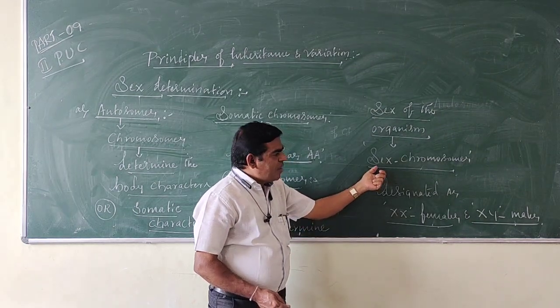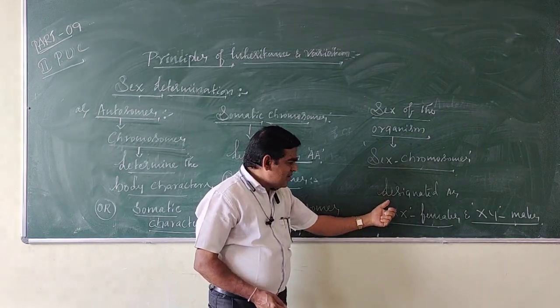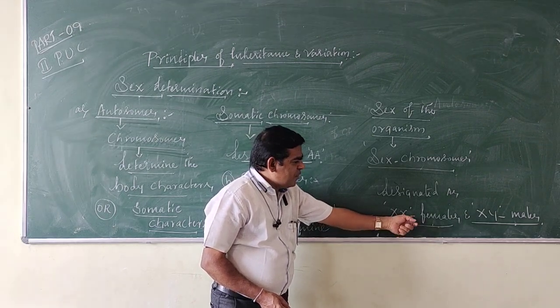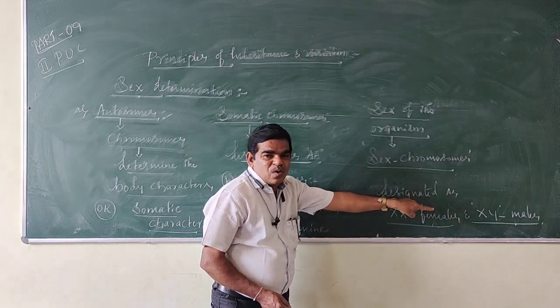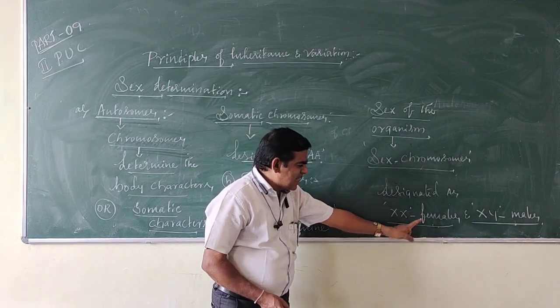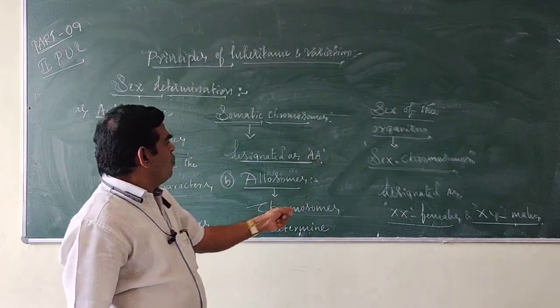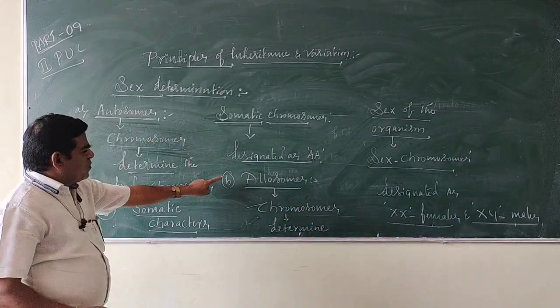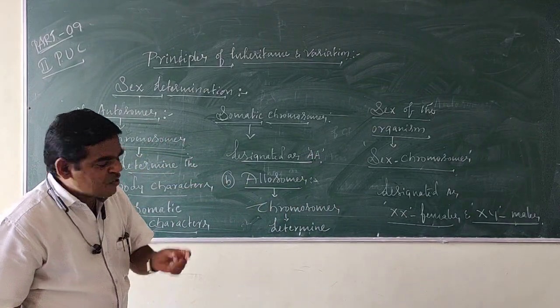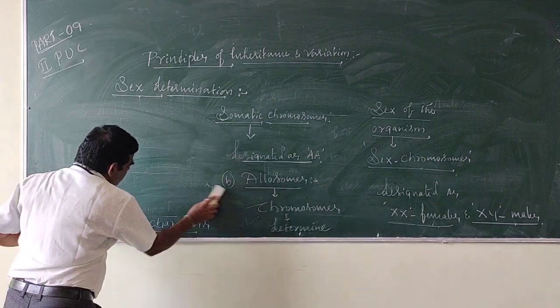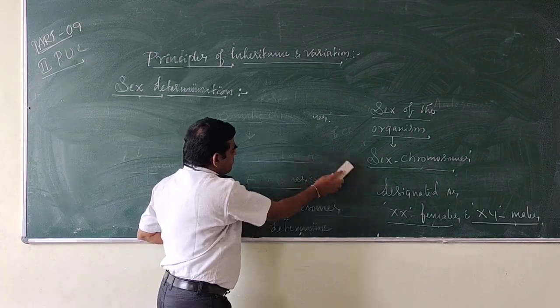They are also called sex chromosomes, designated as XX similar chromosomes in females and XY dissimilar chromosomes in males. Clear? Then, with reference to the sex chromosome, next concept.